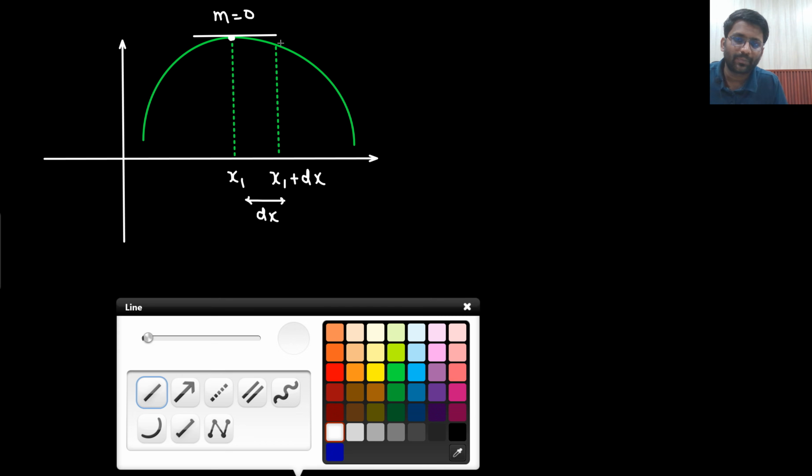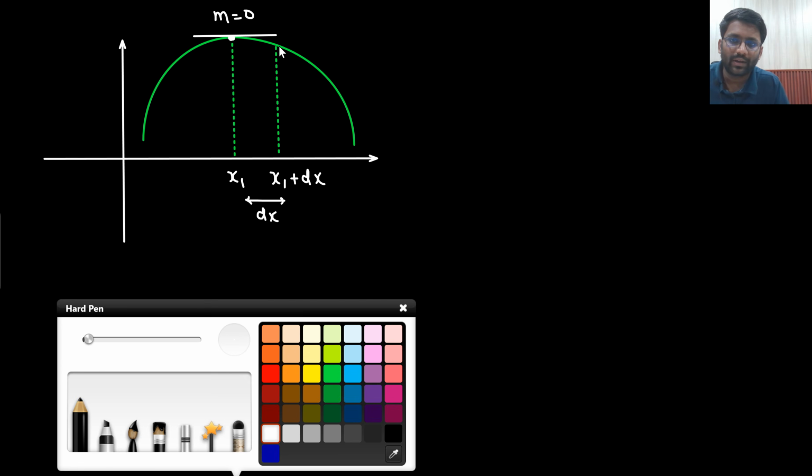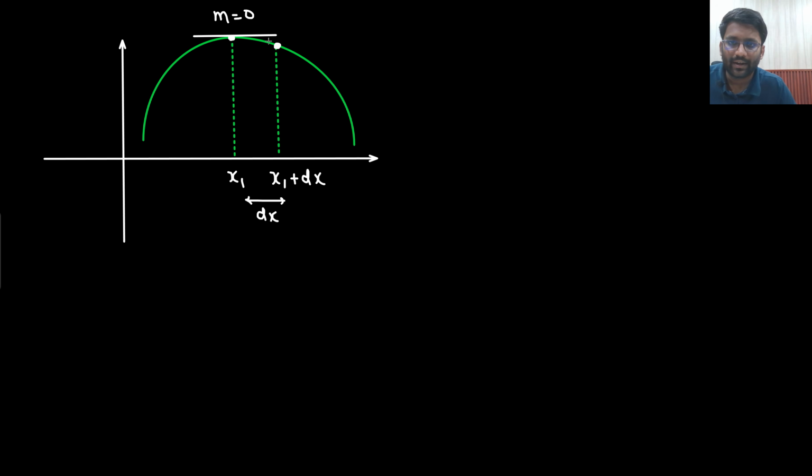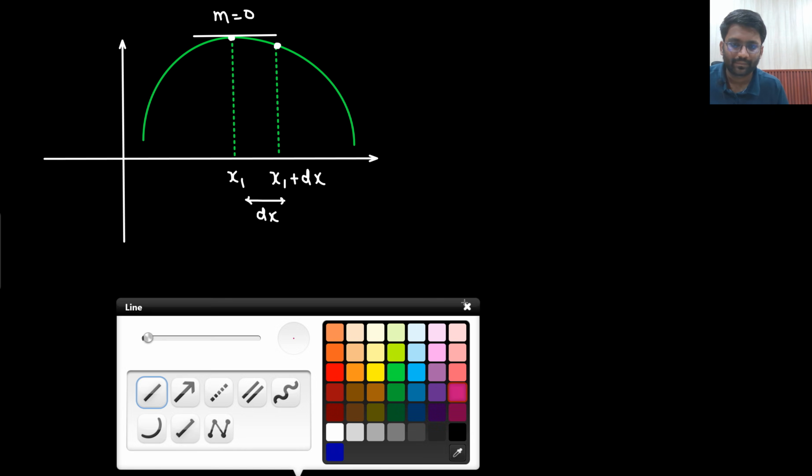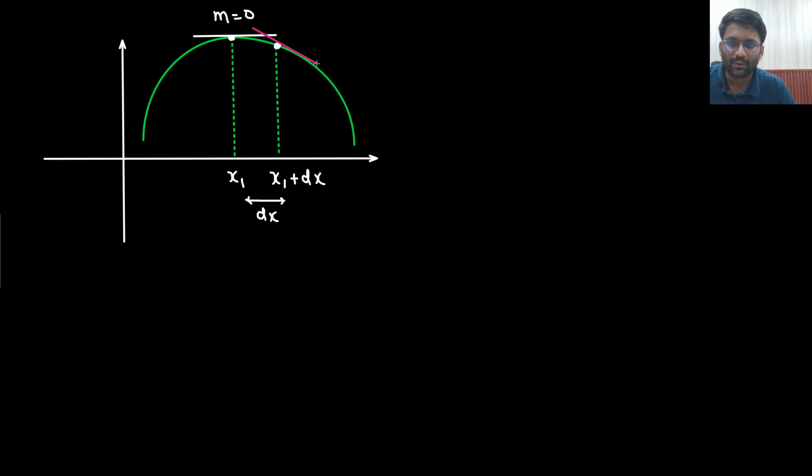What will be the slope at this point? If you draw a tangent at this point, what will be the slope? The slope is some negative value. It is making some angle greater than 90 degrees, so the slope is some negative value. Right? So what has happened?